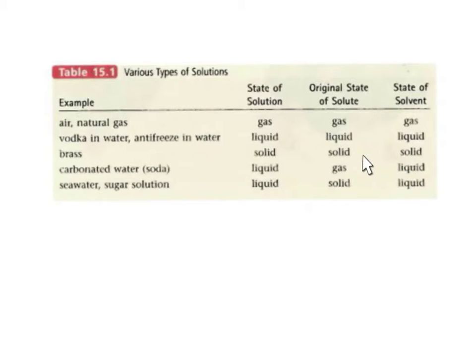We did that one earlier in the year, where we took the penny and we dissolved the zinc into the copper on the penny. You can have gas dissolved in a liquid. You can have solid dissolved in a liquid. So these are all possible types of solutions. But most commonly, we work with this one, with a solid in a liquid in chemistry. So this is the one that we'll be doing most of the time.